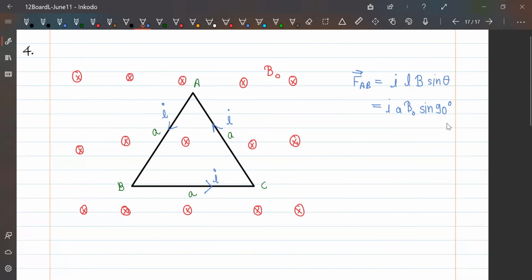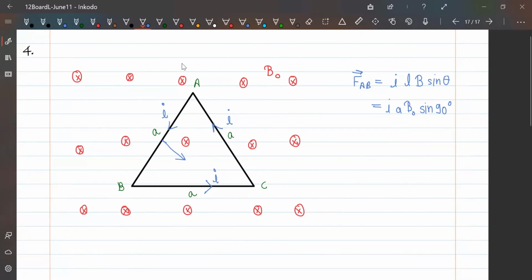And what's the direction of the force? Inward? No. You'll curl your fingers, IL cross B. This vector cross the inside vector. Perpendicular to the rod and towards the left.